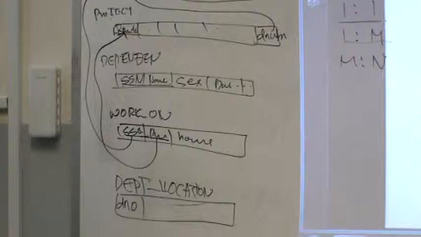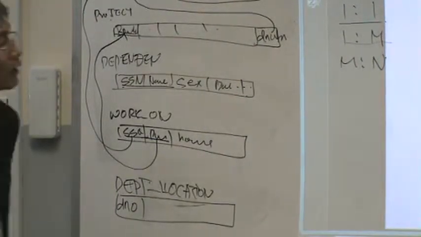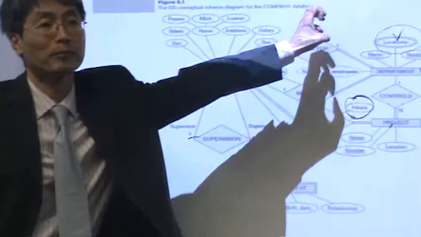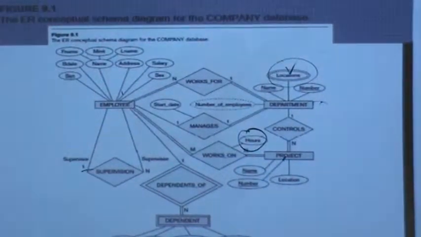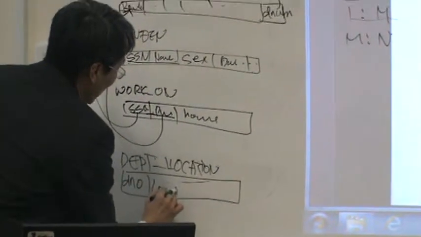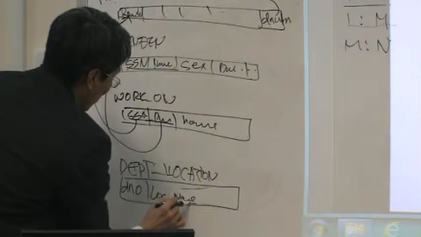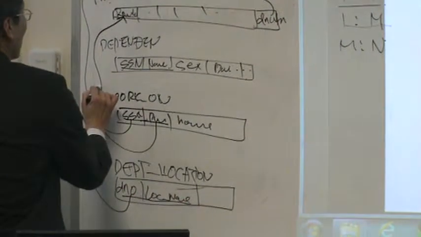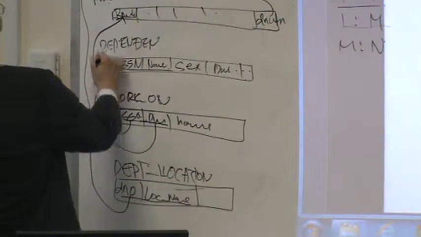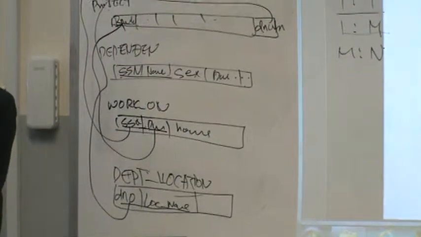Okay? Plus the location name. Okay? And then D name. Location name, LOC name, or city name is also possible, whatever. Okay? Then DNO. Where's the DNO? Yes. Therefore, this one.